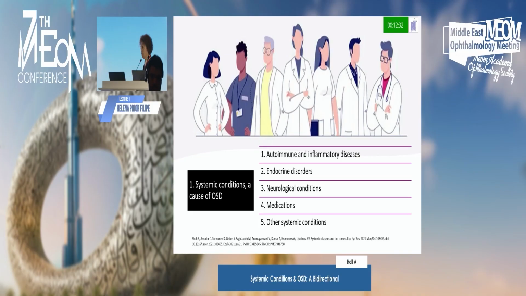So this is one of them, and we can categorize immune and inflammatory diseases, endocrine diseases, neurological, medications, and other systemic conditions, where we can put in this basket a lot of others that don't fit the other categories.